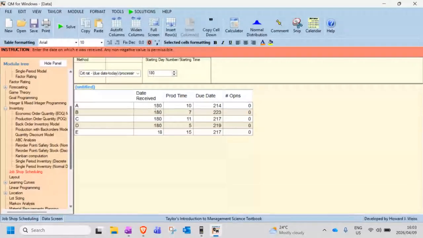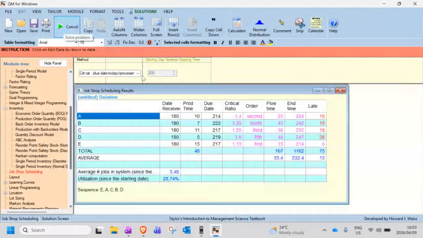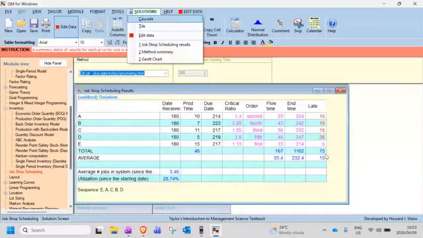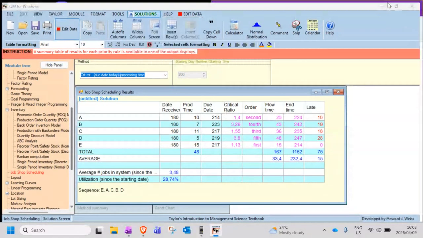Then starting date is going to be 200. Maybe then my calculations are going to change. We have this 75. No, it's going to change, of course. If we are starting at 200 plus 10.